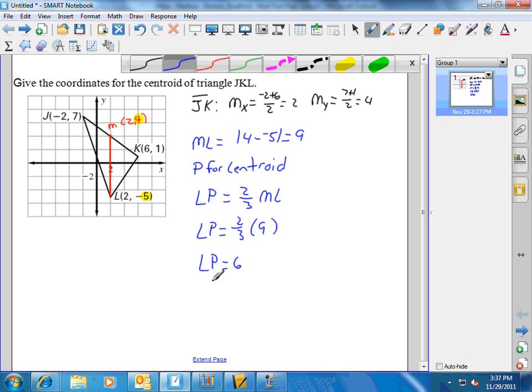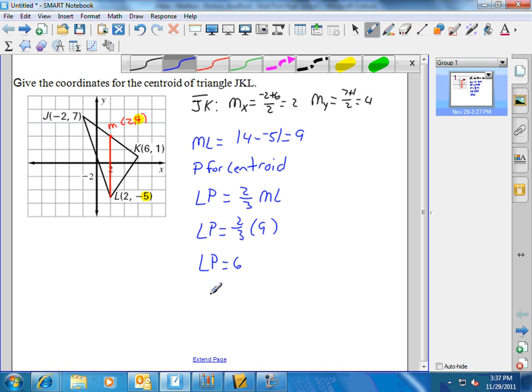Okay. So from -5, I'm going to go up 6, or I'm going to add 6. I'm at 2 on the x-axis, and I'm going to go up 6, and that's 2/3 the length.